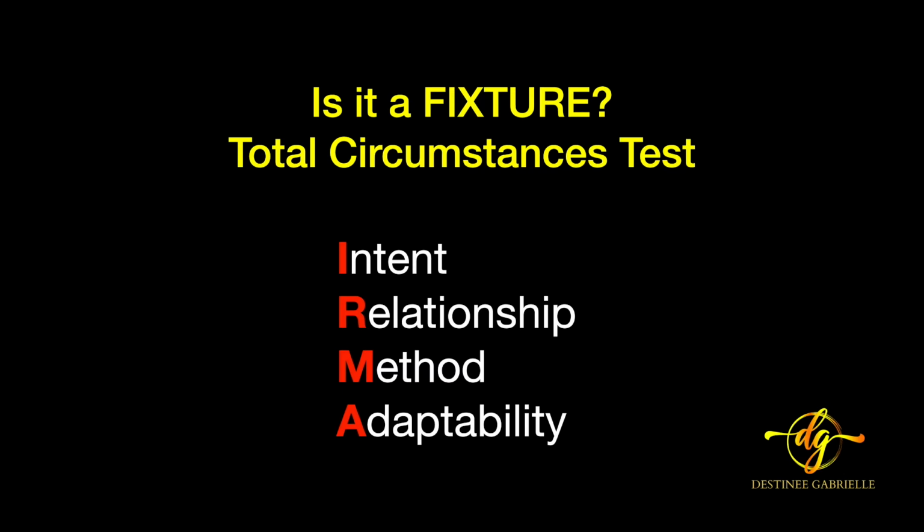So intent is what was the intent that the property was attached. R for the relationship, was it the owner or a tenant? M for method is how is it attached to the home or attached to the property? And A is adaptability. So was it custom made for this exact piece of property?